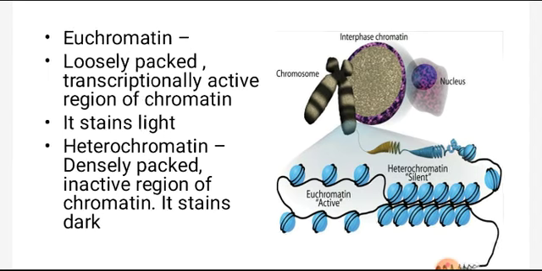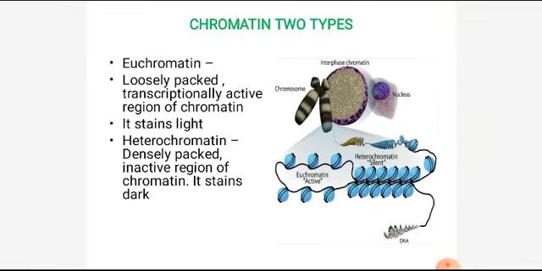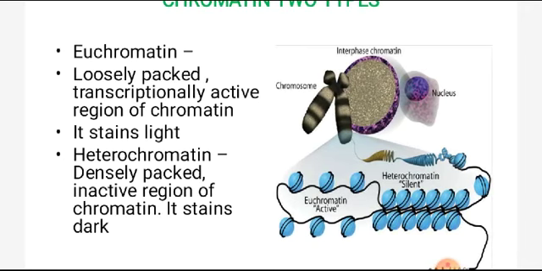What are the other features? Euchromatin is loosely packed, transcriptionally active, and stains light. What are the features of heterochromatin? They are densely packed, an inactive region of chromatin, and stain dark.